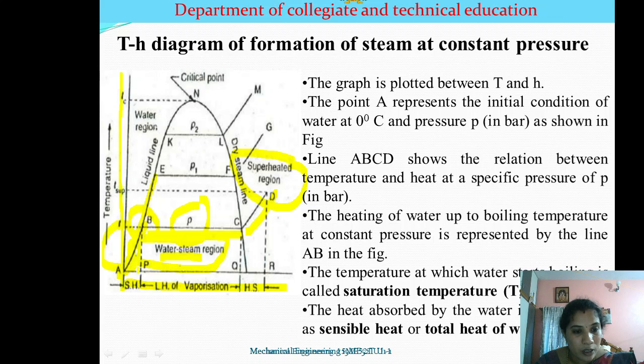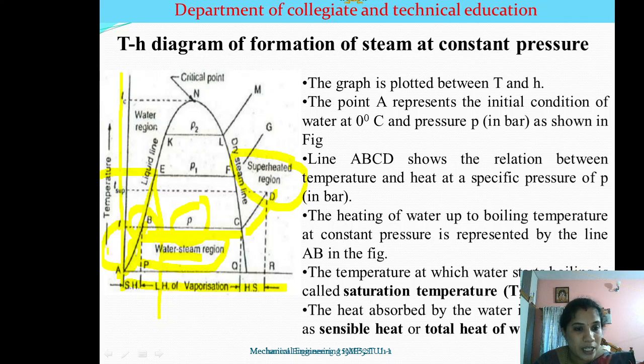You can see the dotted line here, and this was the temperature for the earlier pressure, and this is the saturation temperature for pressure P1. So there is an increase in temperature. As the pressure increases, the saturation temperature also increases.